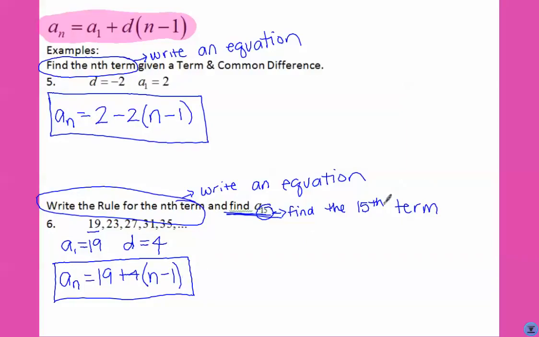The shorter way is if we want the 15th term, that's what equals n. So we're going to plug it in for the n here. 19 plus 4 times 15 minus 1. Type it all in one line in your calculator, and you get that the 15th term is equal to 75.